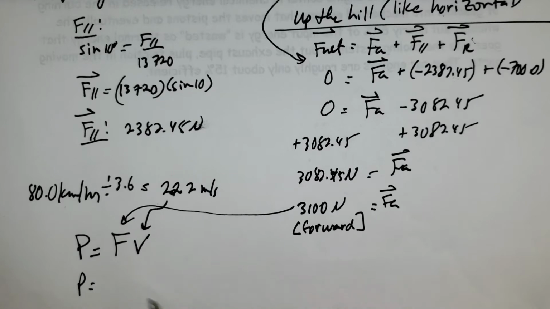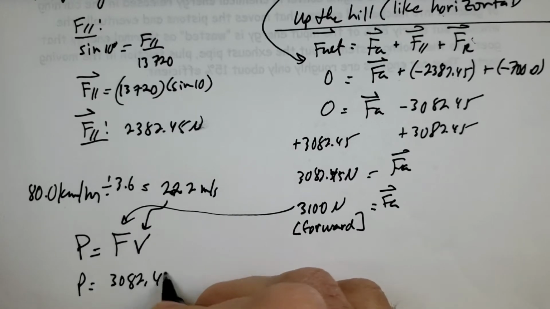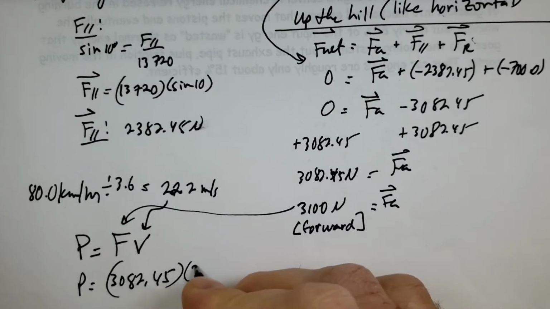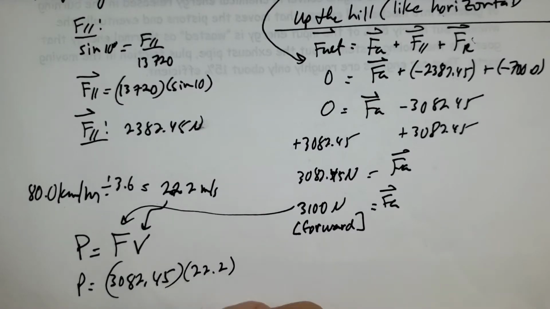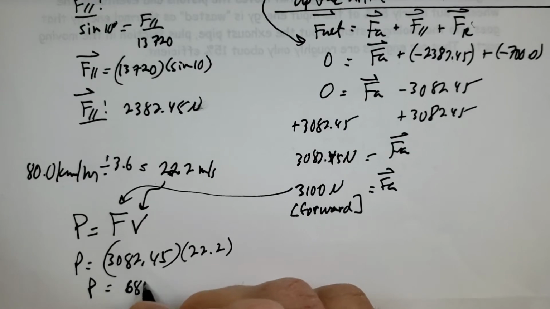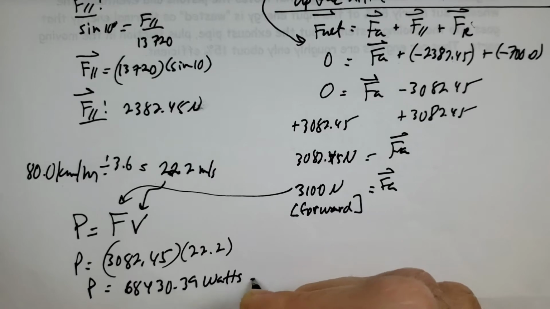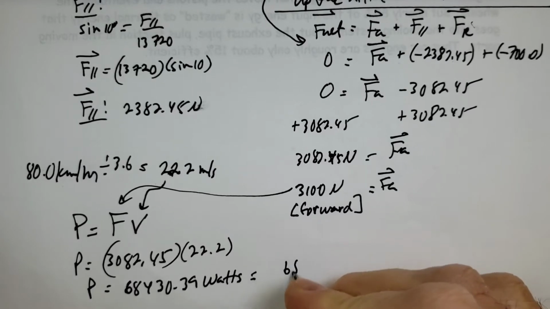So power is equal to the force I'm applying, again using the non-rounded off version, times 22.2 meters per second. That's going to give me 68,430.39 watts. But I'll round that off to 2 sig figs.